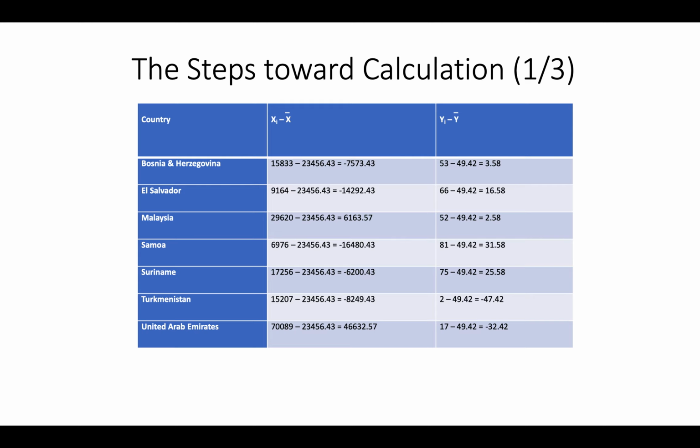You can see that there's a large range of values, from $6,976 in Samoa to $70,089 in the United Arab Emirates. The deviations from the mean value of $23,456.43 in these sampled countries are quite large. The deviations from the mean value for democracy in the sampled countries is smaller due to the smaller spread of values from 2 in Turkmenistan to 81 in Samoa.